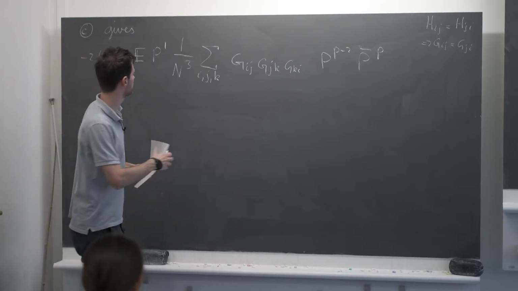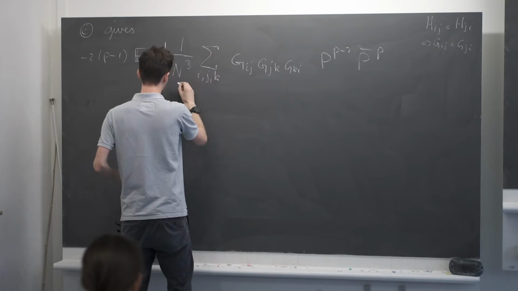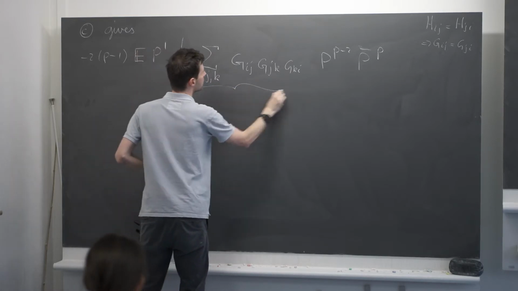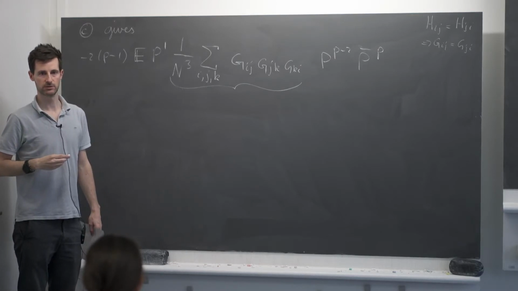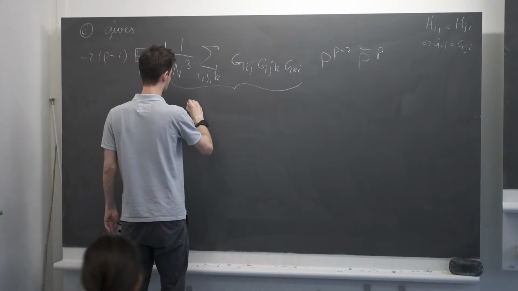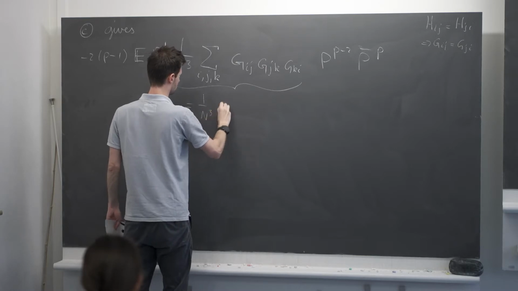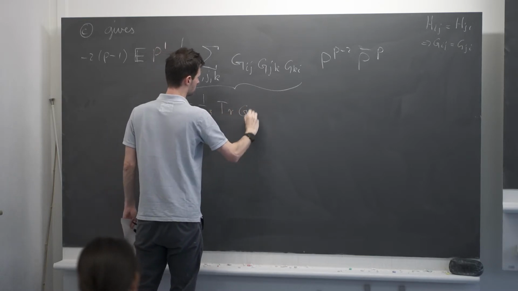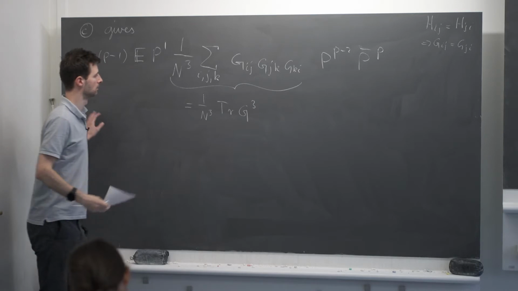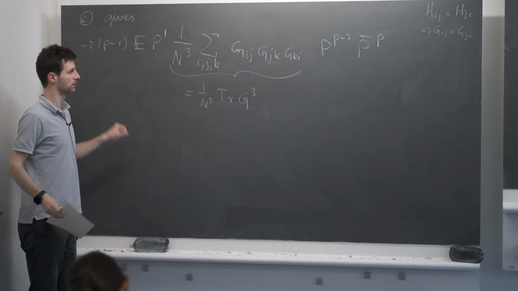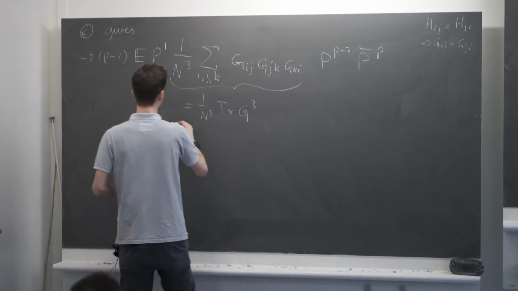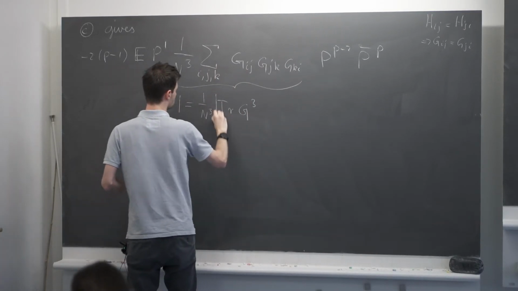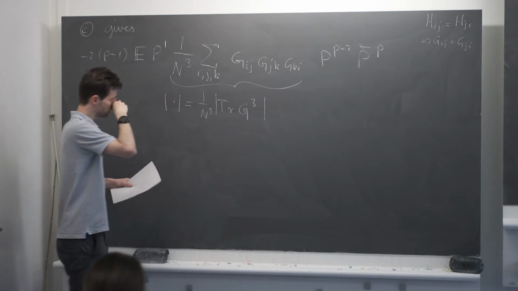So here the observation that one has to make is a very simple one: this is just 1 over n to the 3 times the trace of G to the 3. Okay, that's just by definition. And in fact, let me estimate it like that.